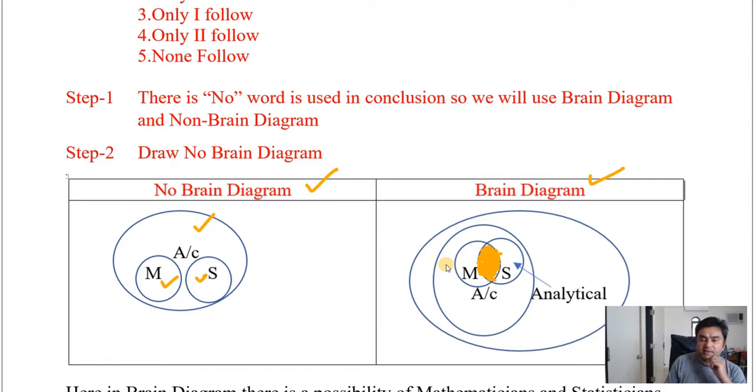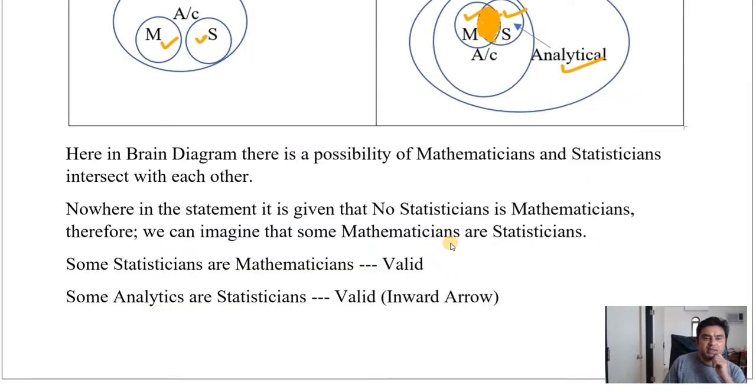So this is what we can make out of our imagination. In the brain diagram, there is a possibility of mathematician and statistician intersecting with each other. Nowhere in the statement is it given that no statistician is mathematician. So therefore we can intersect these two.